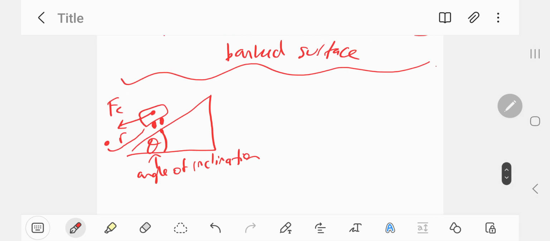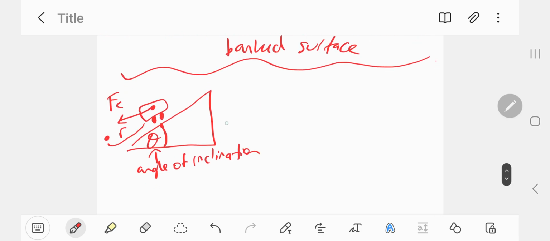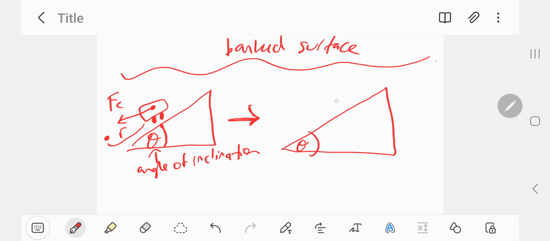Let's figure out what's happening in this case in terms of circular motion. Let's draw a free body diagram to look at the forces acting on this car. Angle theta. Let's just have a dot here representing the car. Remember, a free body diagram just shows the forces acting on an object, with the object represented by a dot or a circle or a square.